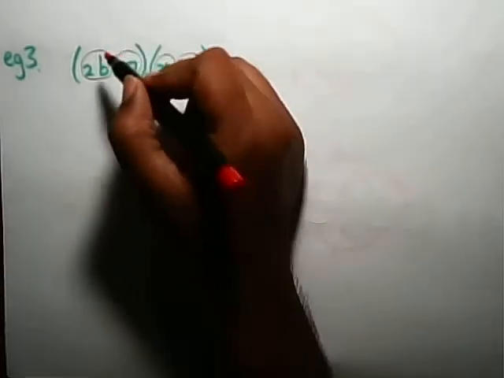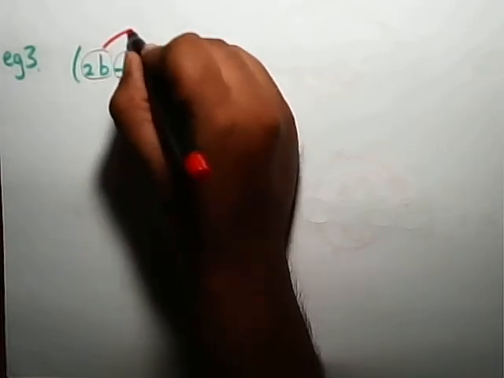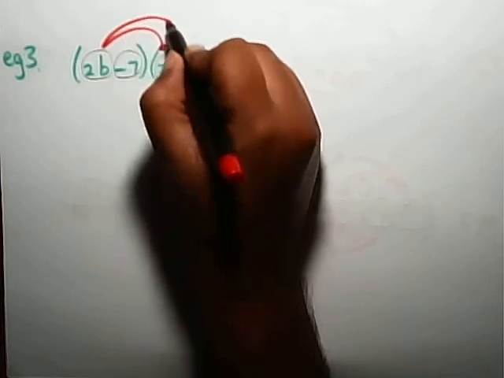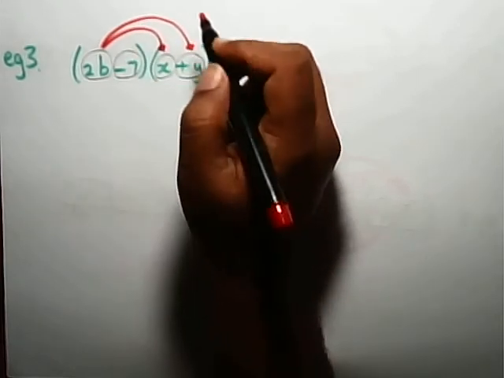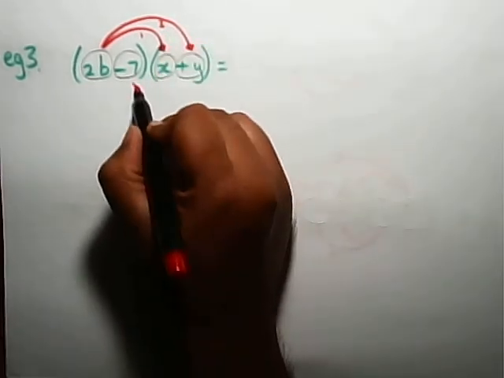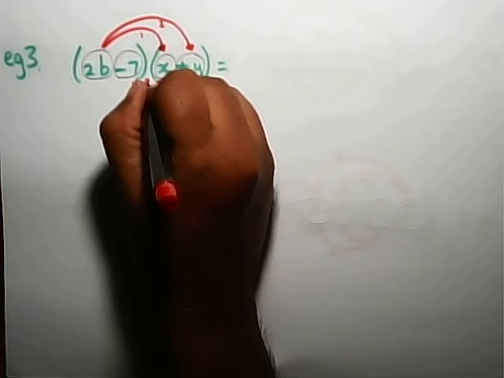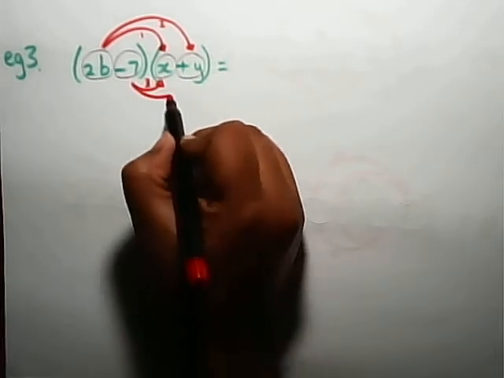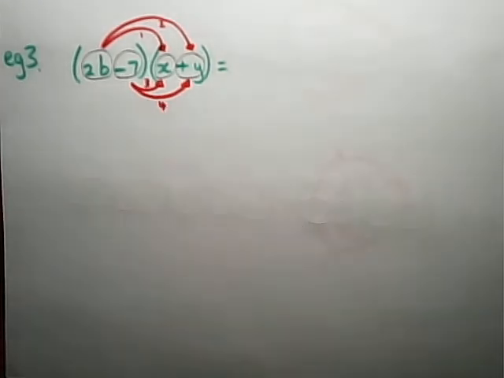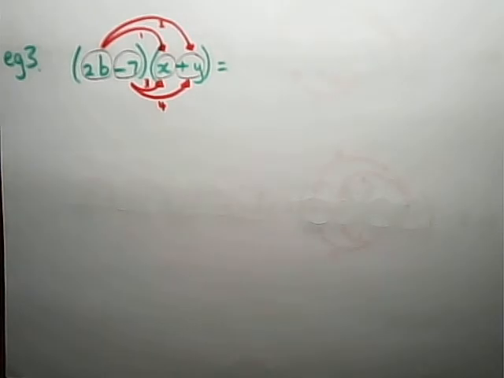Okay. Now we draw our curly arrows to show who is being multiplied to who. Step 1, step 2, step 3, step 4. Okay. Now let's get started.